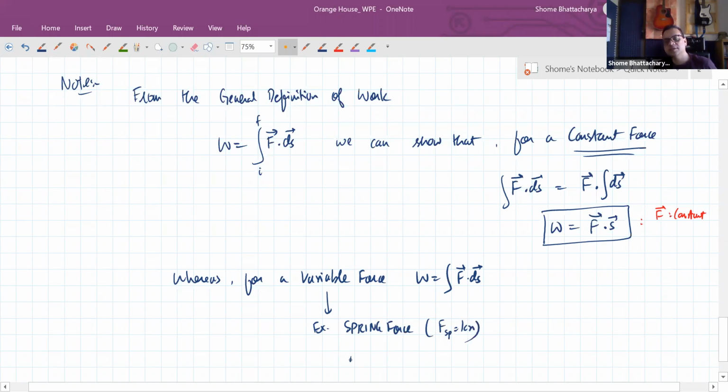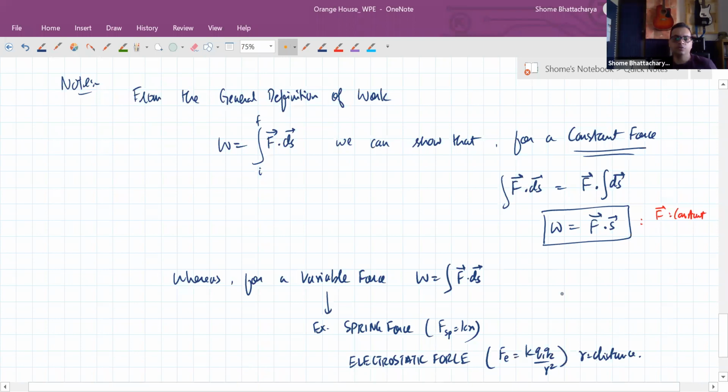There is electrostatic force between two charges. You know that electrostatic force is some constant into q1 q2 by r square, where r is the distance. So you can see the force is varying with position.